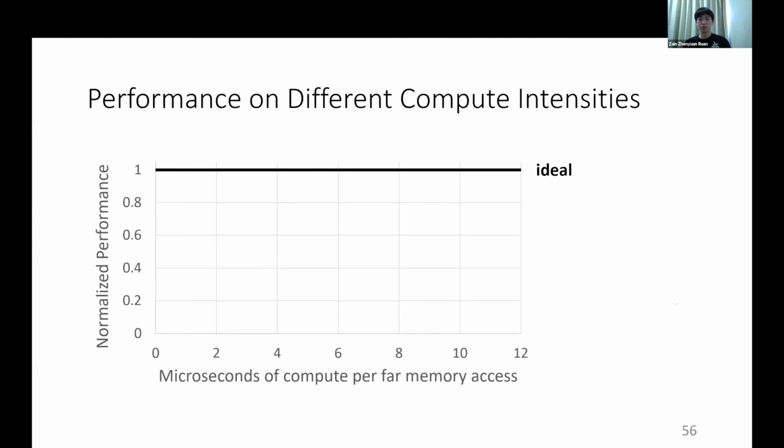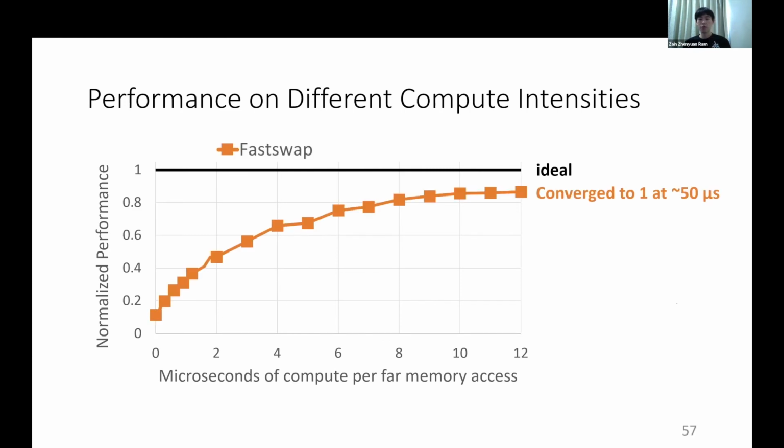To answer these questions, we first use a micro benchmark to evaluate all systems under different compute intensities. The x-axis is the microseconds of compute per file access. Therefore, compute intensity is increasing from left to right. The y-axis shows the performance normalized to the ideal local-only version.